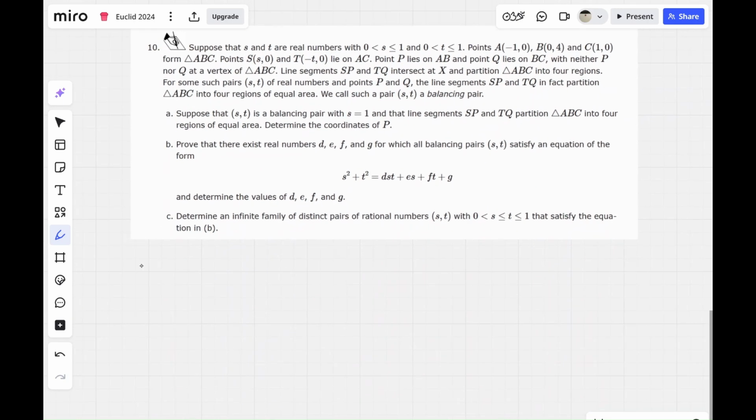All right, let's first look at 10a. In the question, we're given points A (-1, 0), C (1, 0), and B (0, 4).